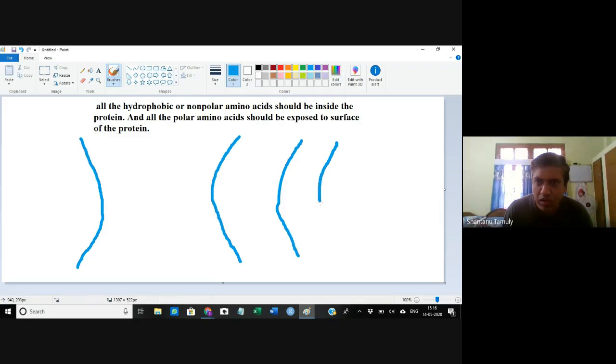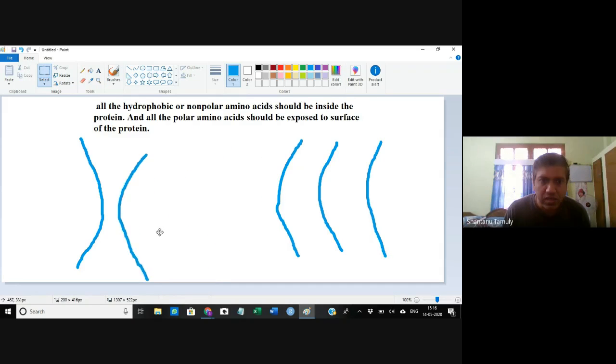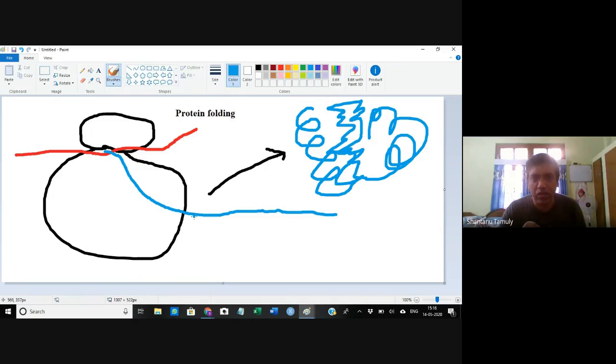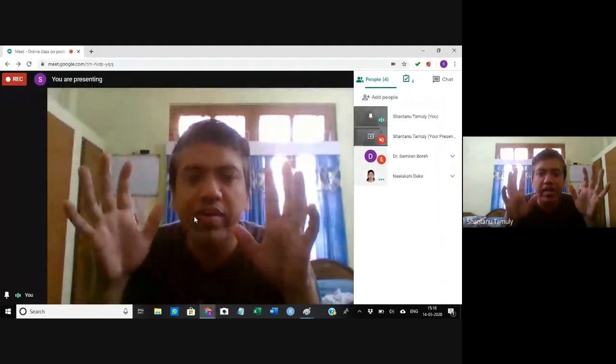Now what will happen once this kind of unfolded or misfolded proteins are present? They will undergo aggregation. How are they going to aggregate? These hydrophobic parts will combine together, because of what we call hydrophobic interaction.